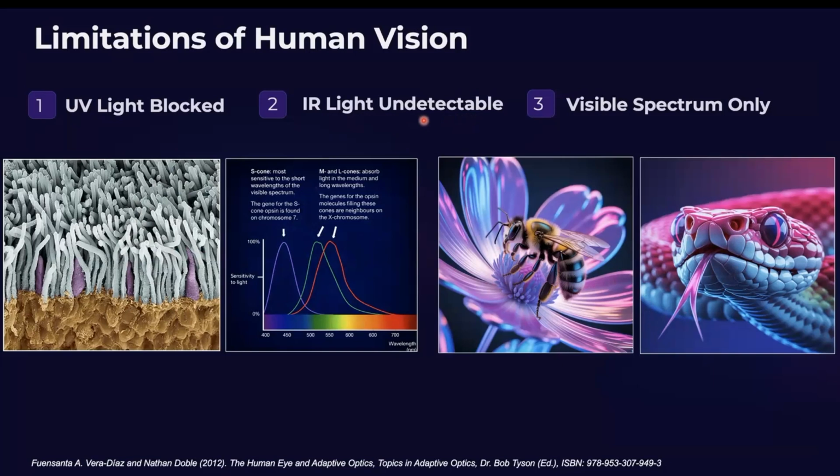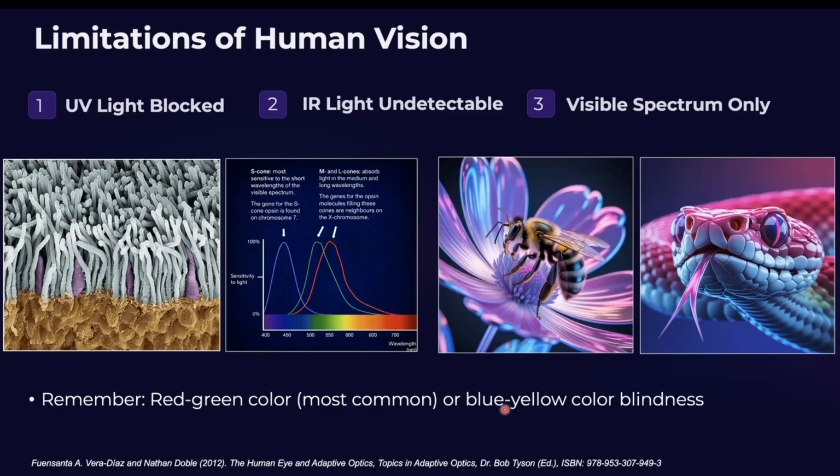So vision has limitations, but certain animals can overcome this limitation. We can only perceive a certain wavelength of light. We also have to remember when we talk about color, a significant population also has red-green or blue-yellow color deficiency. I would call this a deficiency rather than blindness.